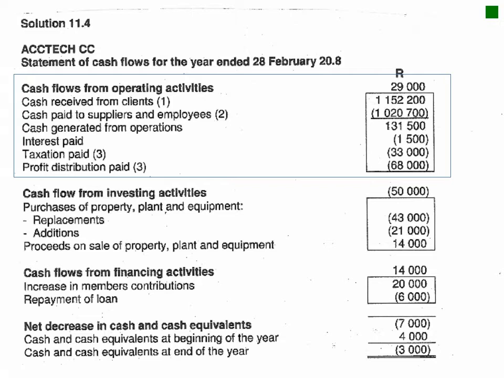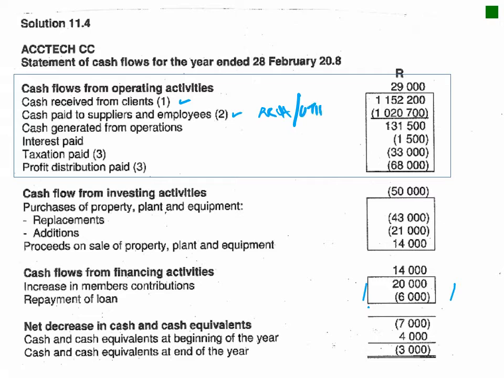As I said, you please need to memorize the wording because it's standard wording that you'll get marks for. So we first have to work out cash received from clients. Then we have to work out cash paid to suppliers and employees. With this one, there are normally two calculations because you've got to work out what you paid for purchases and for other expenses.